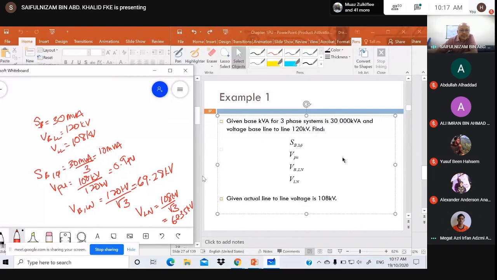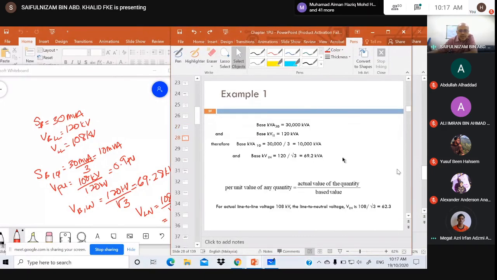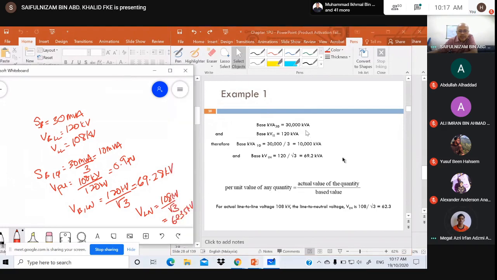So any question? It's straightforward, right? There's an answer here, we can compare. So this is the base kVA. Base kVA one phase equals 10,000 kVA or 10 MVA.